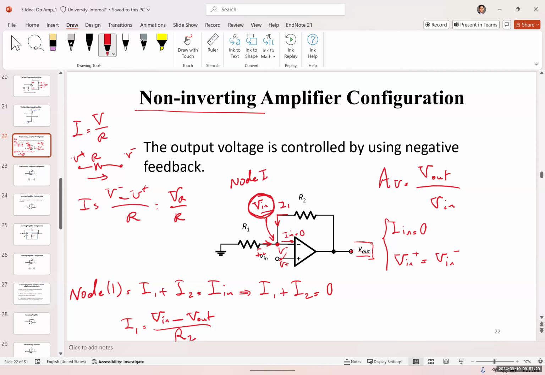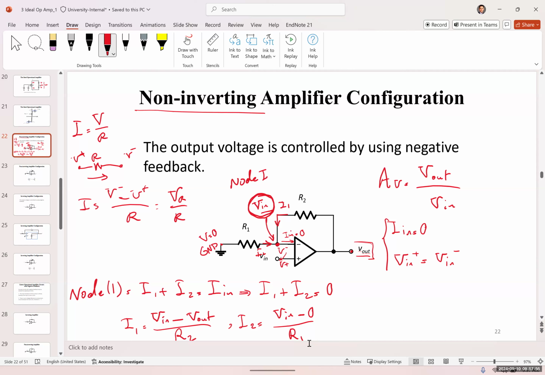And what is I2 equal to? Using the same equation, it's going to be Vn minus 0, because here we have ground and the voltage here is equal to 0. Yes, it's ground. Over R1.